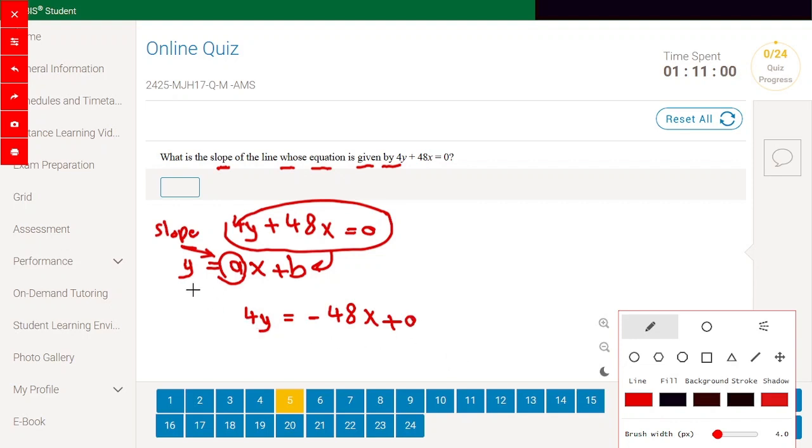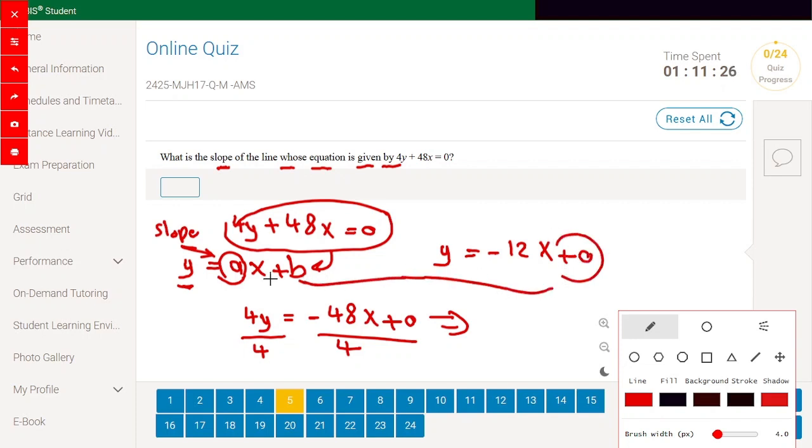We want to make 4y to be y, so we will divide by 4. So y would be equal to minus 12x plus 0. 0 is the b, and a is minus 12. So the answer here will be minus 12.